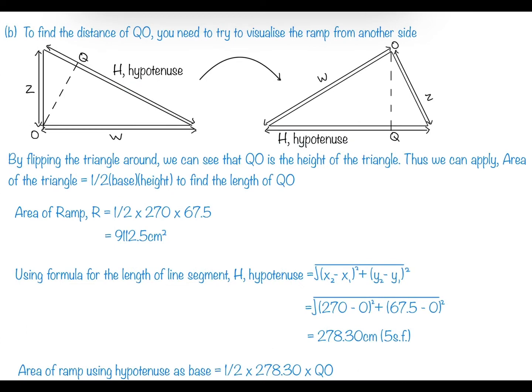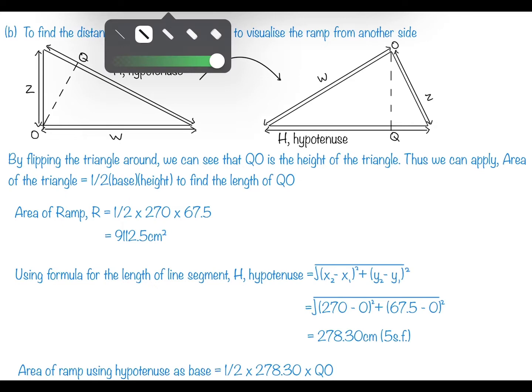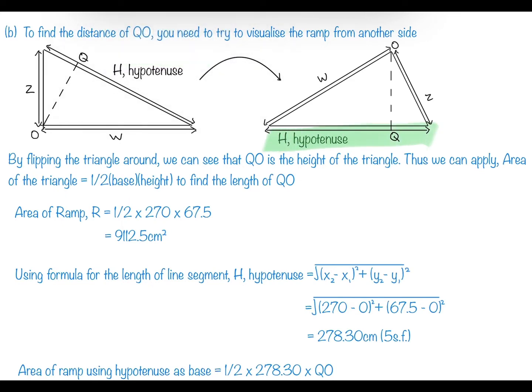For question B, to find the length of QO, you will have to visualize the ramp from a different perspective. So, as you can see, the triangle on the left side is the original question given to you. However, we are going to have to flip it around so that we make Q over here the base of the triangle.